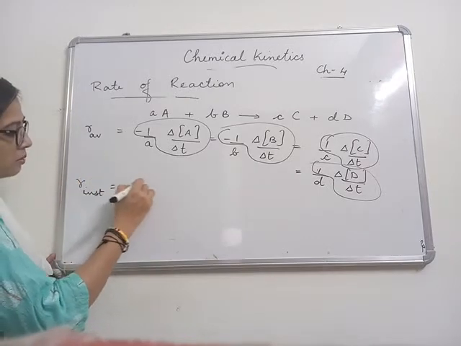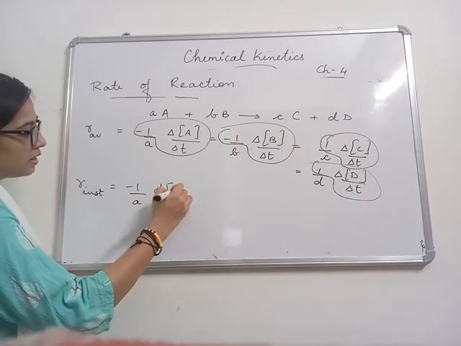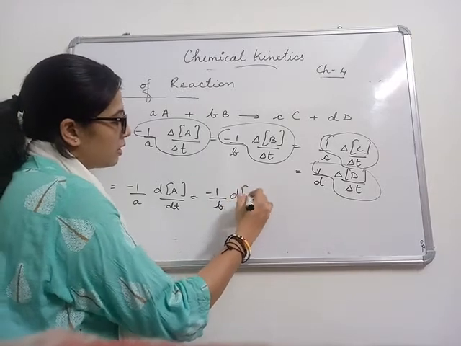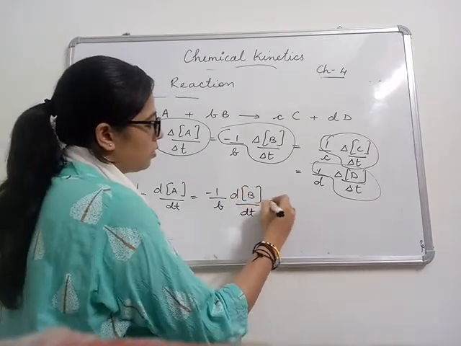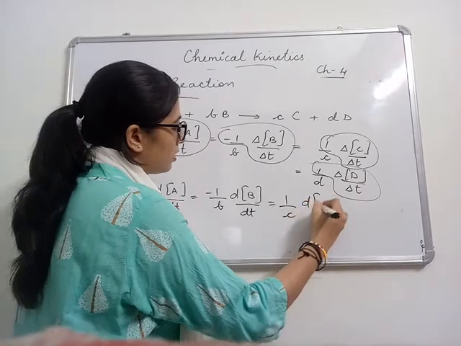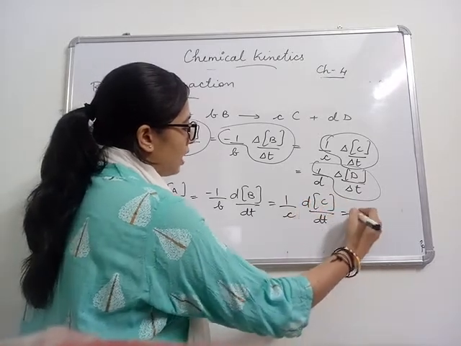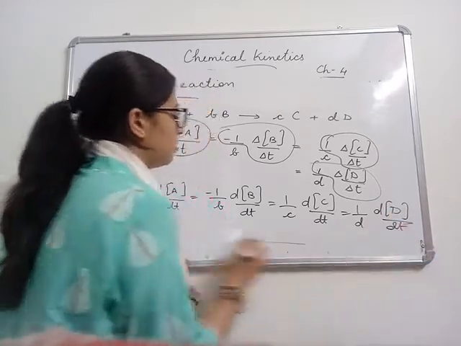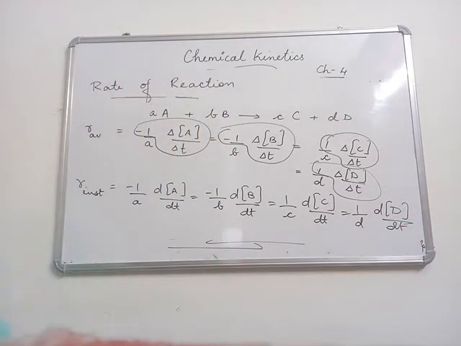Instantaneous rate is minus 1 upon a dA by dt, minus 1 upon b dB by dt, 1 by c dC by dt, and 1 by d dD by dt. So these are the two expressions to find the average rate and instantaneous rate.